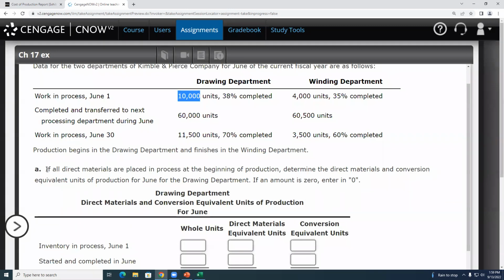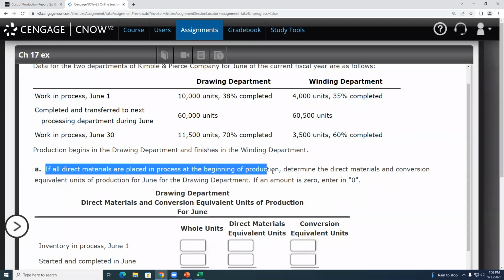So we make a couple of assumptions here, and here's the first one I have highlighted on the screen. All direct materials are placed in process at the beginning of production. So do you ever make cookies? Have you ever made, let's say, chocolate chip cookies from scratch? Nobody else has made cookies before? You made cookies before?